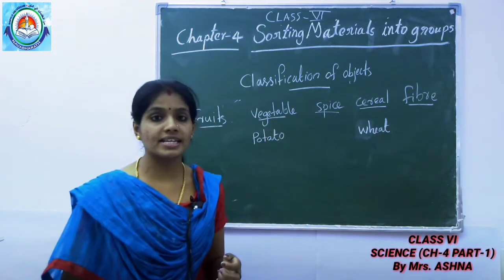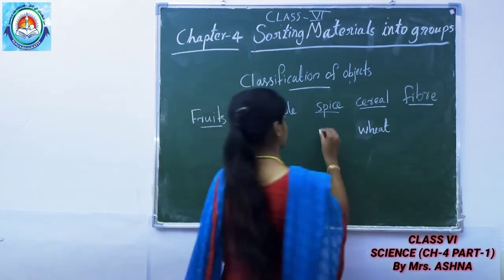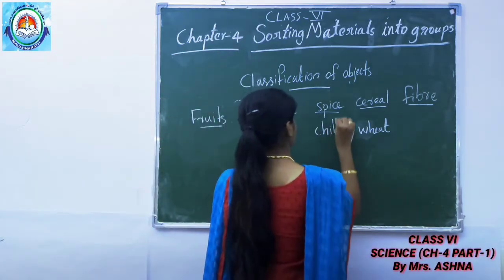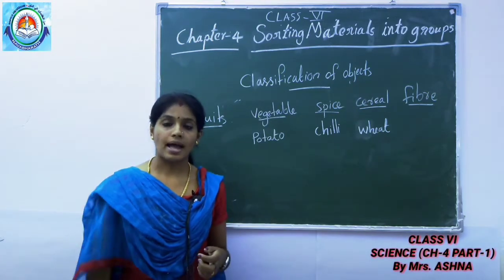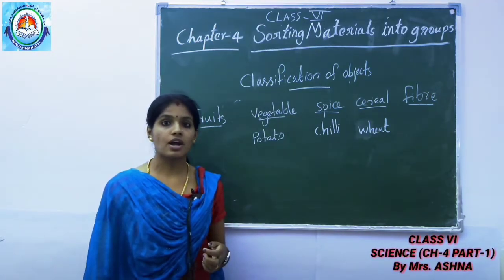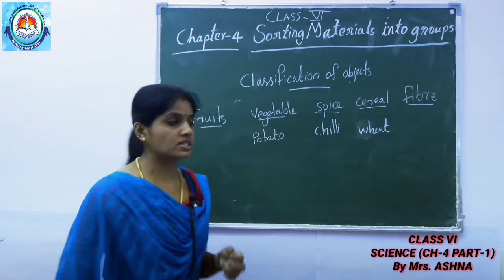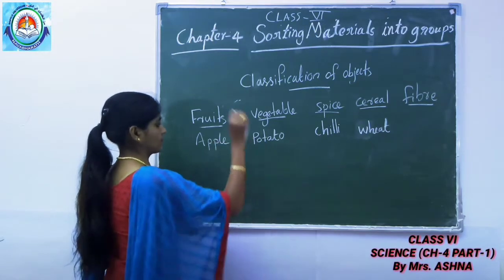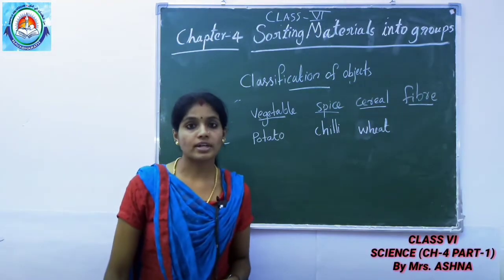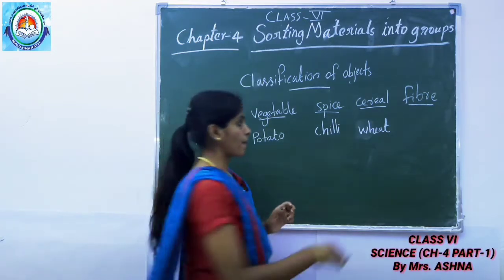Then chili. Chili comes under which group? Spices. Then apple. Apple comes under which group? Fruits. Then cotton. Cotton comes under the fiber group.